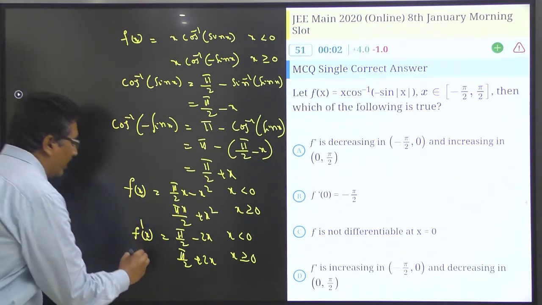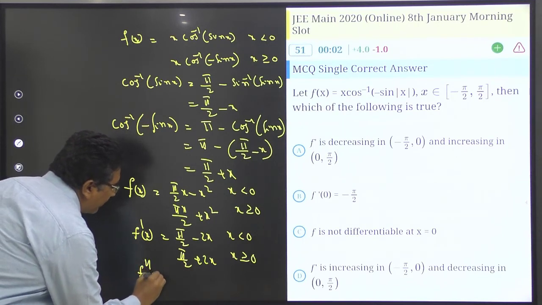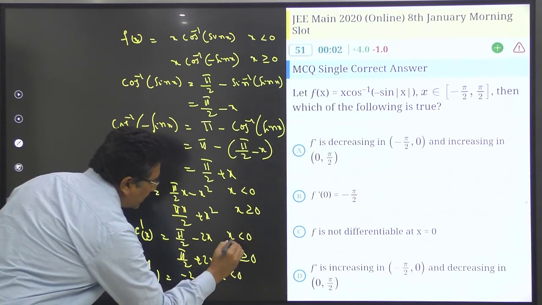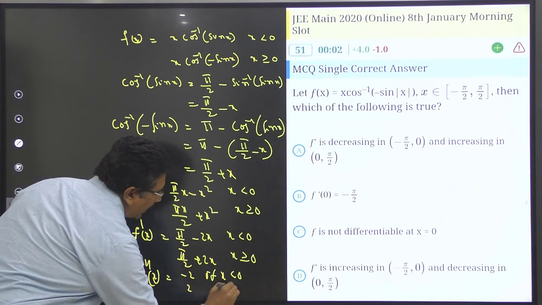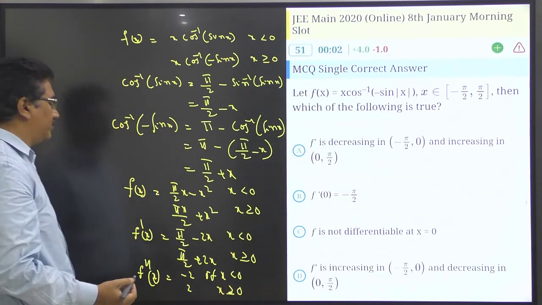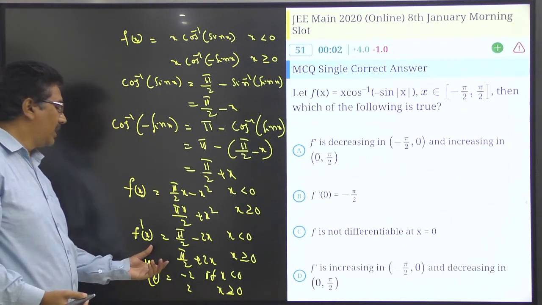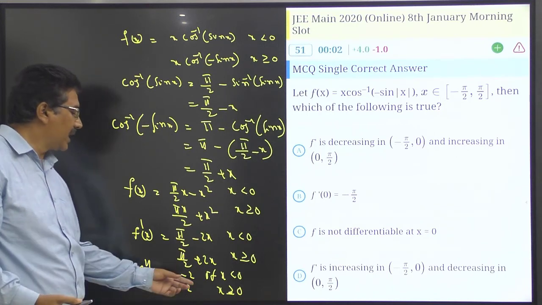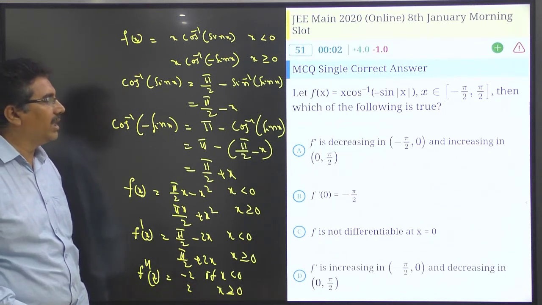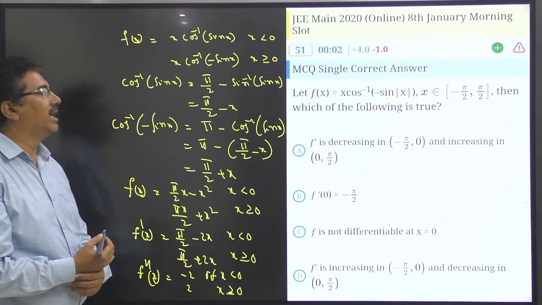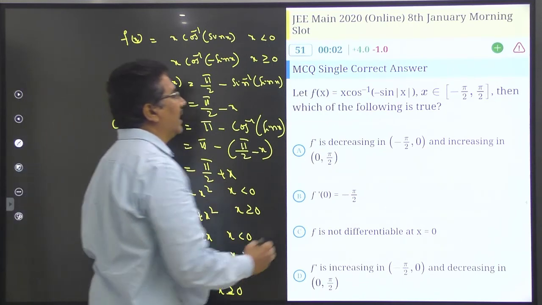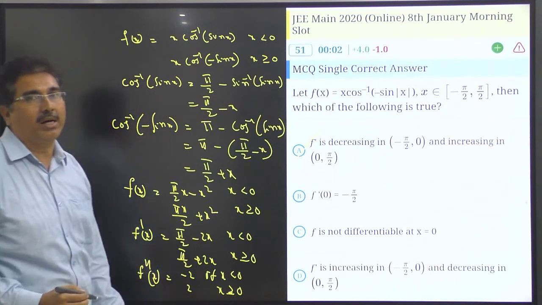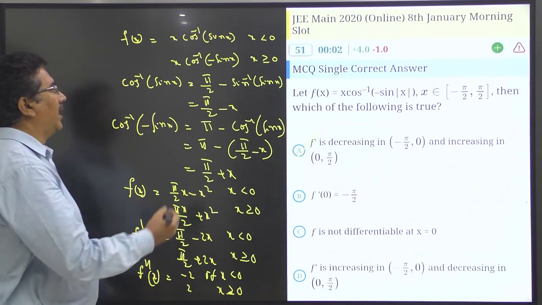Now take the second derivative, f double dash of x, that is equal to minus 2 when x less than 0 and 2 when x greater than or equal to 0. Therefore the second derivative is less than 0 when x less than 0, and greater than 0 when x greater than 0. So f dash is decreasing in minus pi by 2 comma 0 and increasing in 0 comma pi by 2. Right, now let us see.